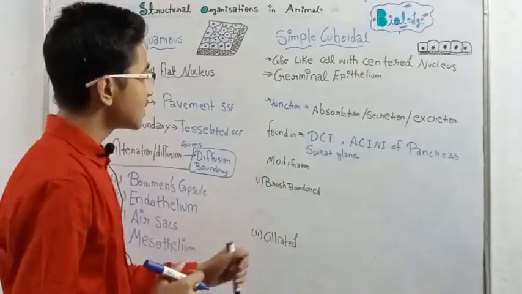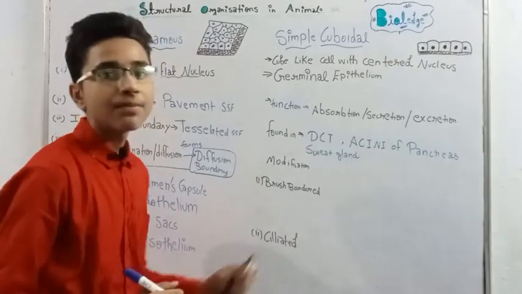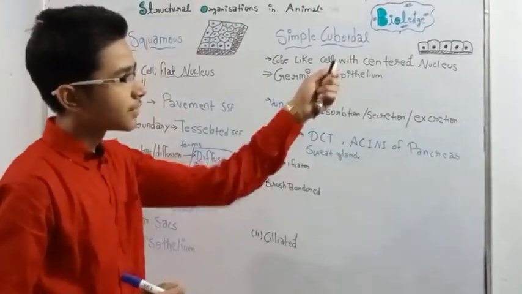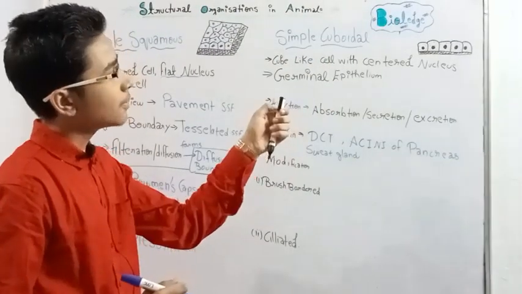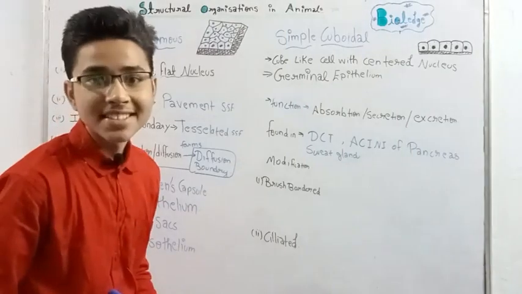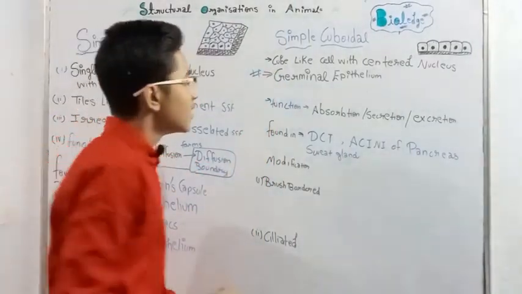So let's discuss the simple cuboidal. In the simple cuboidal, we find cube-like cells with a centered nucleus, as the figure depicts. They are also known as the germinal epithelium, and that is a very important question from my point of view. Why?